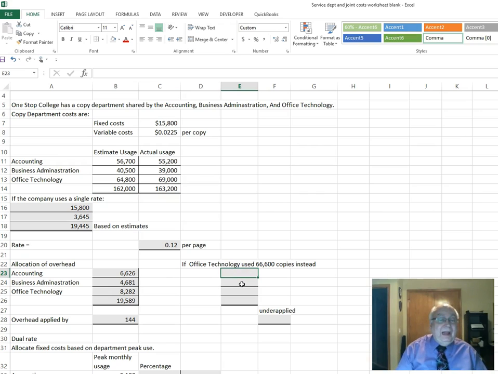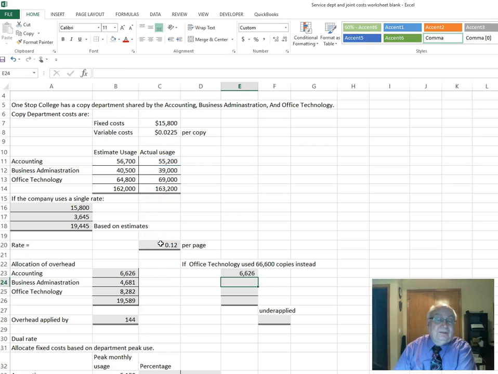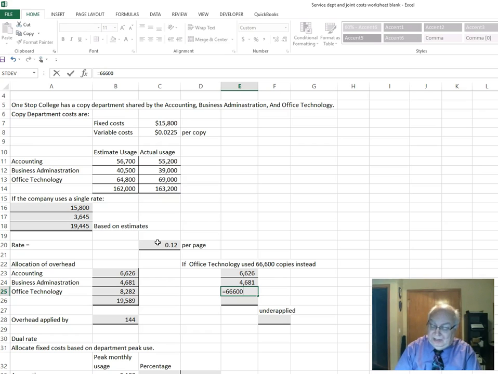Now, it says, what happens if office technology, instead of using 69,000, used 66,600? Well, the accounting is going to stay the same, so that's the 55,200 times the 12 cents. And business administration was the 39,000 times the 12 cents. Those haven't changed. What has changed is this is now 66,600 times the 12 cents.